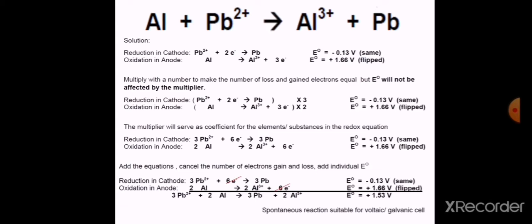Okay, and when we add here, ang makukuha natin ay total of positive 1.53 volts, and that would be the total cell potential for the whole equation. With that positive sign, this indicates that the reaction is spontaneous and it is suitable for a voltaic or galvanic cell.